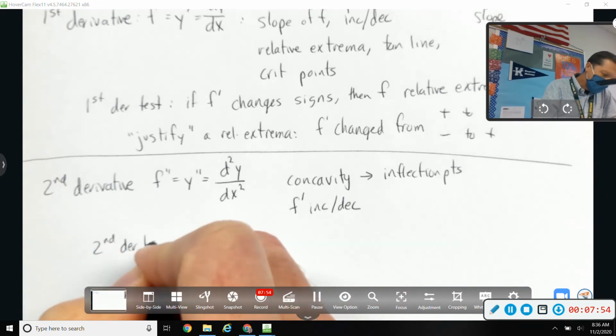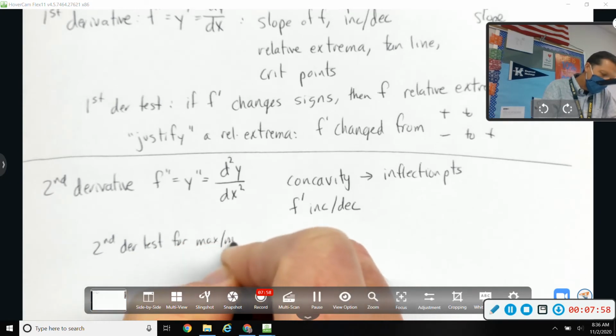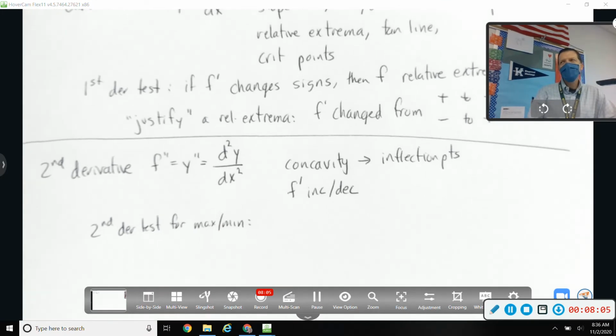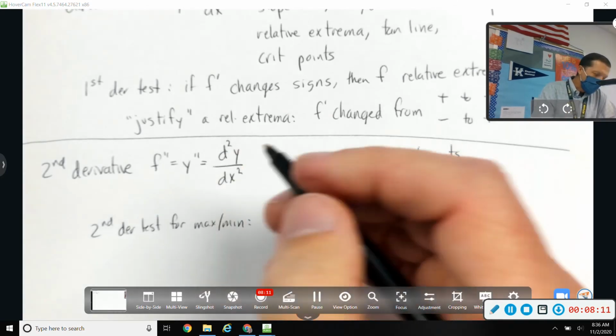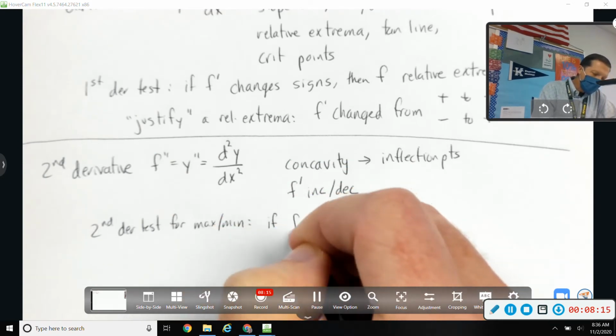The second derivative test for maxes and mins, again, which seems a little bit weird because usually second derivative is for concavity, first derivative is for maxes and mins. But the second derivative test for maxes and mins has a little bit of first derivative in it.